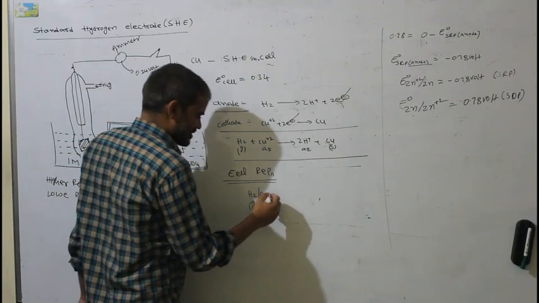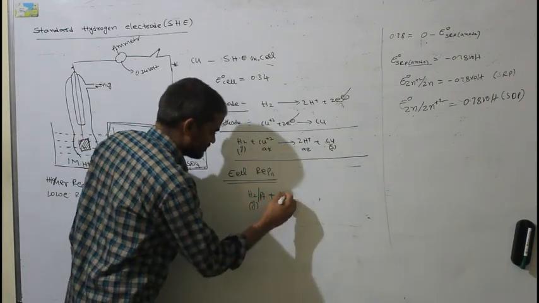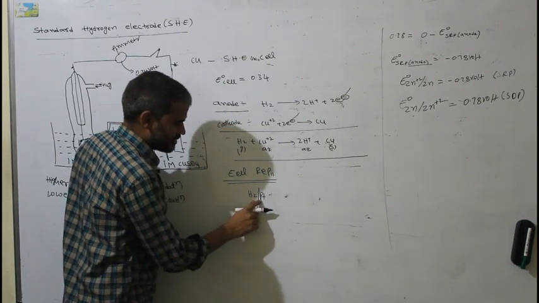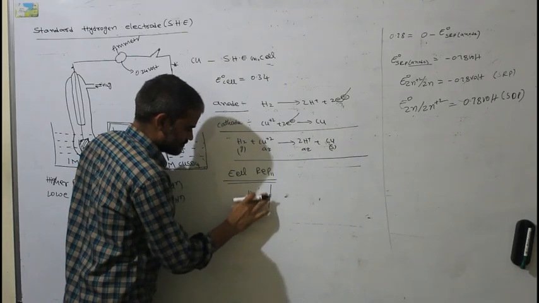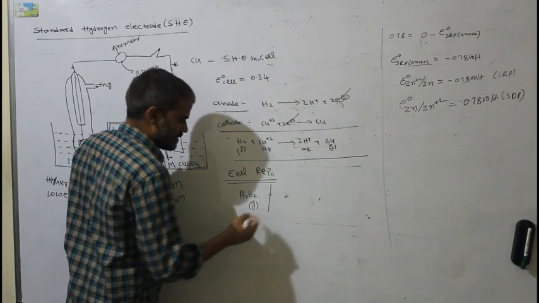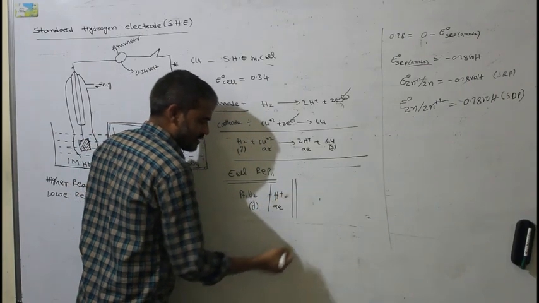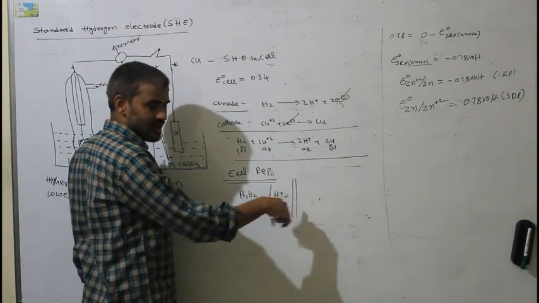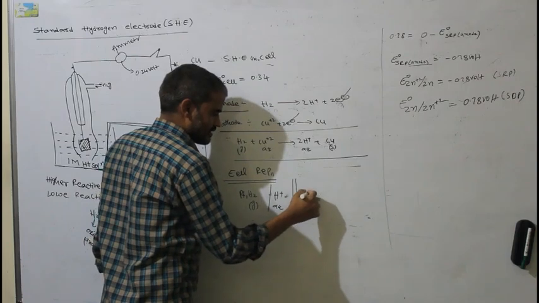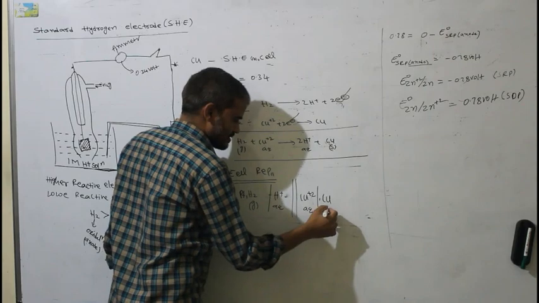In cell representation, oxidation comes first: platinum, H2 gas converting into H+ aqueous, then the double line, which is the salt bridge. Then the cathode reaction: Cu2+ aqueous / Cu solid.